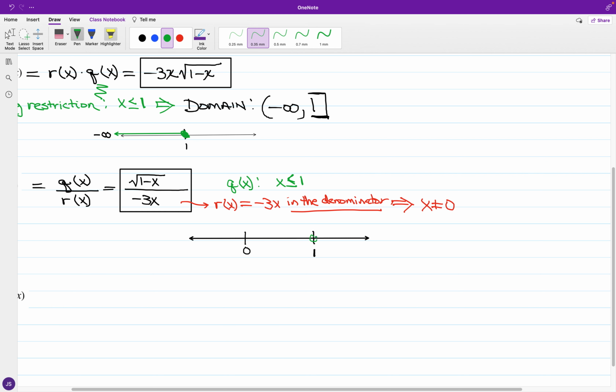Now we got 0, a value that is less than 1. But now we got this other situation, kind of a juggling act, keeping q of x happy as well as what is the overall ratio, just kind of avoiding a 0 denominator. So in this case, 0 is not allowed. So 0 is disallowed. Everything else that is less than or equal to 1 is going to be in the mix.